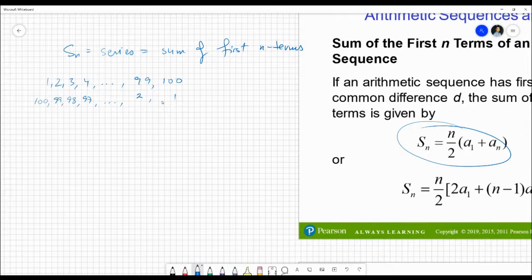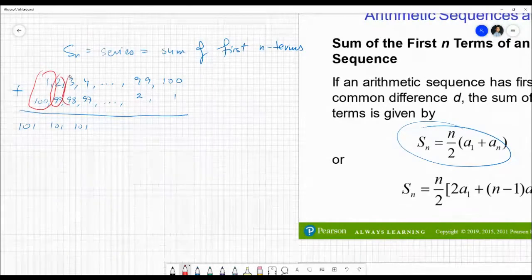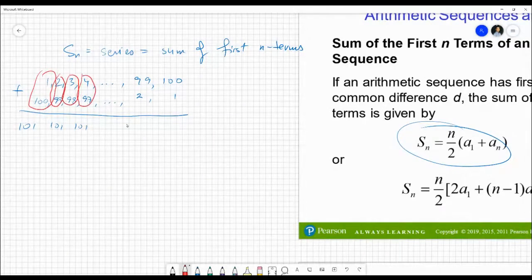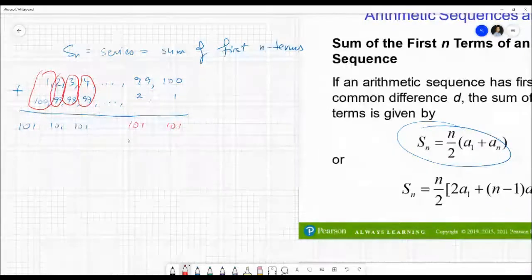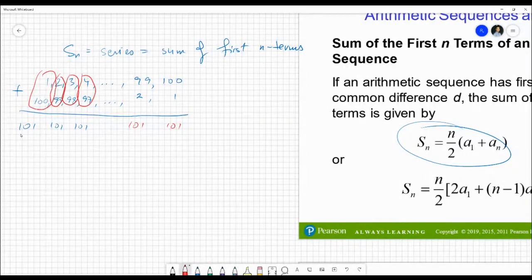And I'm going to add them together. Now you're going to see a pattern here. Each of these pairs, if you add them up, will always equal 101. Now that's great because what we can do is take all of that and multiply by how many numbers there are.